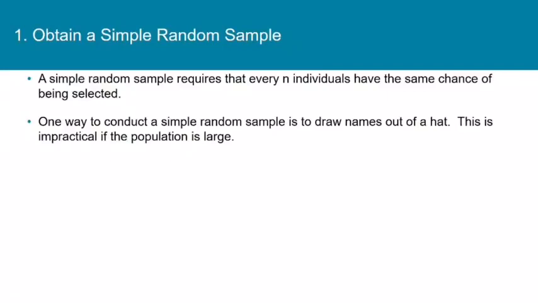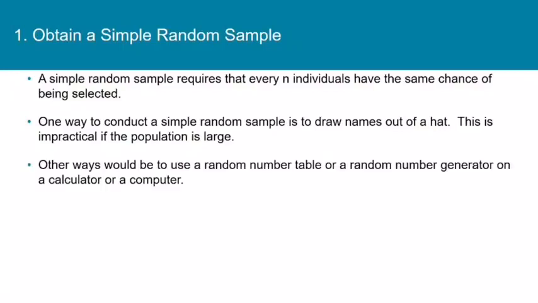Just think about what if you had to get a simple random sample on a population of 5,000 people, to write down every name, even if you could print them from a computer, to cut them all apart onto their own little slip of paper and put them in a hat or a bucket, would just be a waste of time, especially in the computer age. That's not really how we do things anymore. But that would be a simple random sample, although it would become pretty inconvenient at that size.